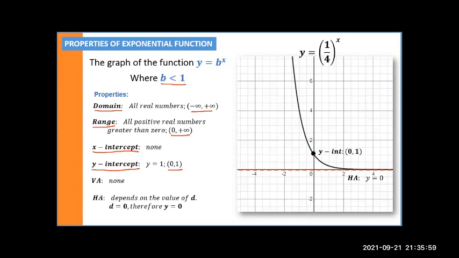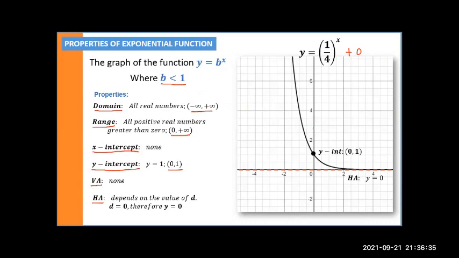So ito yon. So katulad din siya nung naunang graph. Pares lang sila. Okay? And then again, same lang sila ng VA. Wala talagang VA ang exponential function kasi walang restrictions sa domain. So that's a general property. And then again, HA depends on the value of d, which is, sa ating example uli, plus 0. Kaya d is equals to 0. Therefore, y is equals to 0 ang HA. So that is the property ng y is equals to b raised to x pero less than 1 yung base.